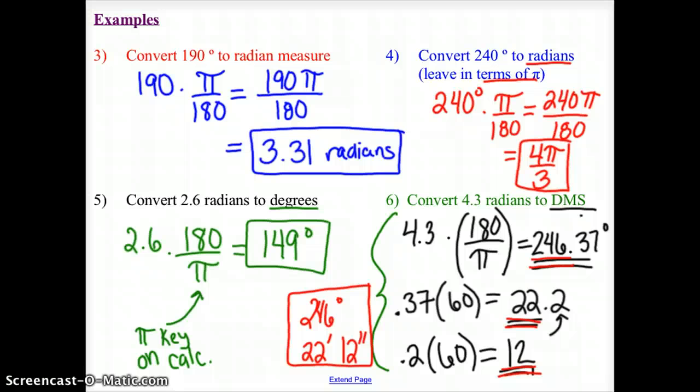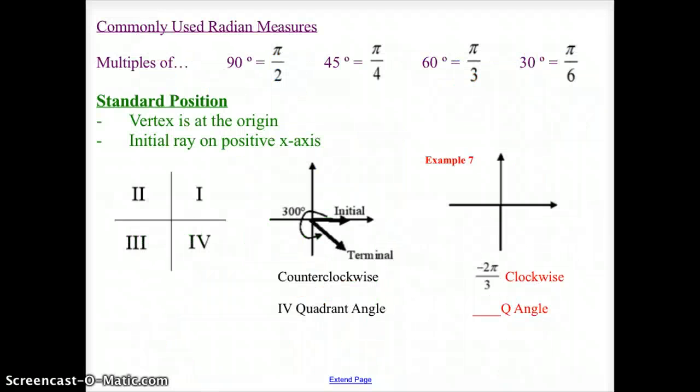Some commonly used measurements that we should start to remember. First off, you want to remember that 180 degrees is equal to pi. This comes from the conversion factor that we know 360 is equal to 2 pi. If I divide 360 by 2 and 2 pi by 2, I know 180 is equal to pi.